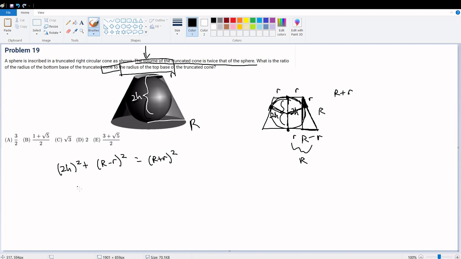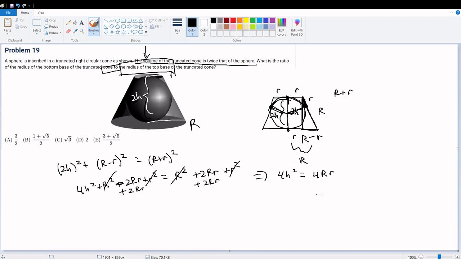So we have 4h squared plus big R squared minus 2 big R little r plus little r squared is equal to big R squared plus 2 big R little r plus little r squared. So a lot of things cancel out. The ugly squared terms cancel out, and we get this nice relation that 4h squared is equal to 4 big R little r, and I did this just by adding 2 big R little r to both sides and combining the like terms.